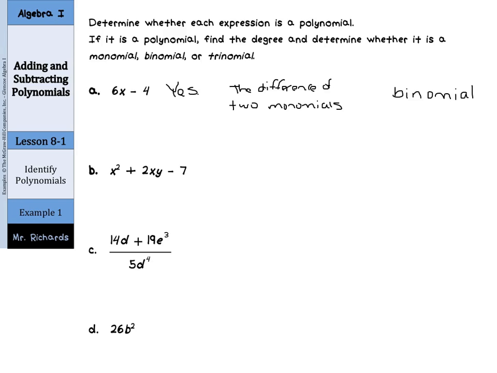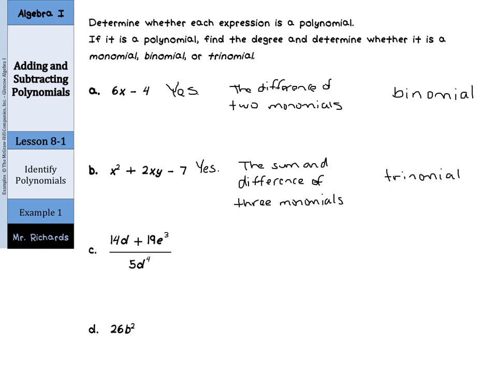What about x squared plus 2xy minus 7? Well, this again is going to be yes. And our reason, it is the sum and difference of three monomials. And since there's three monomials there, we're going to call this a trinomial.